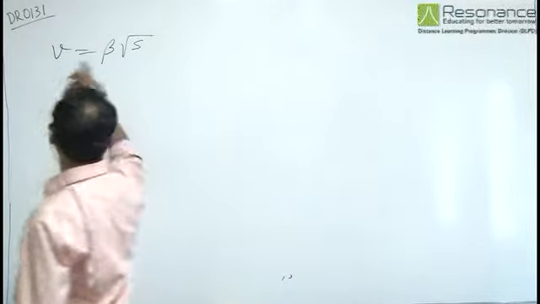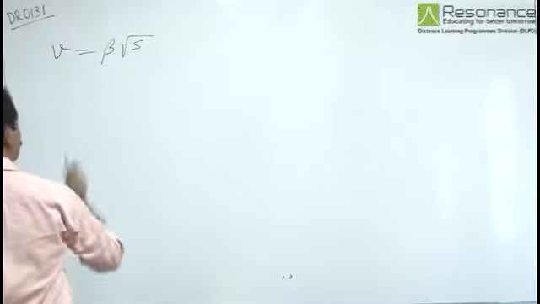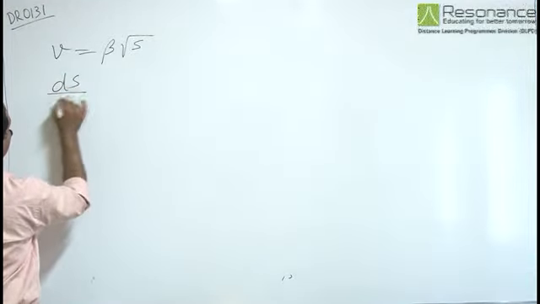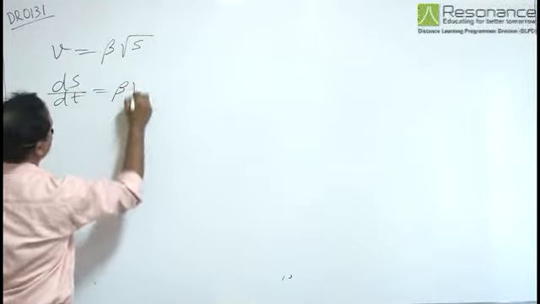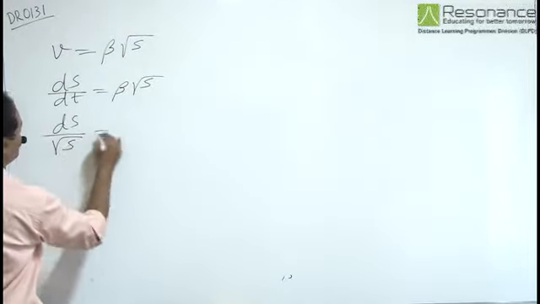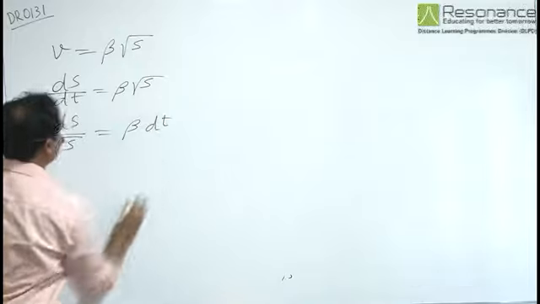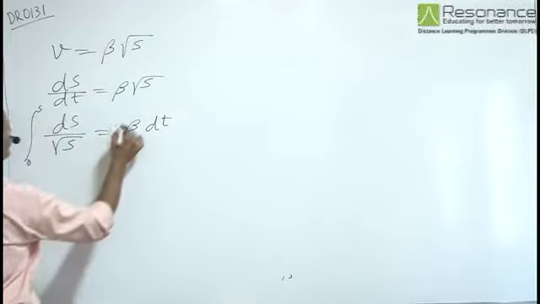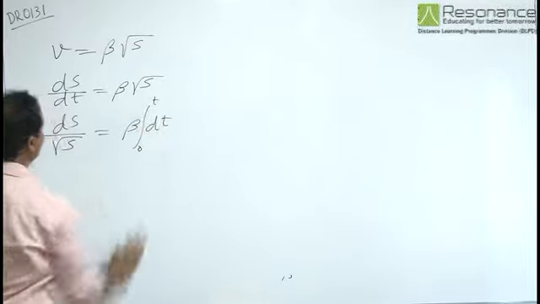So velocity as a function of distance traveled is given. v is nothing but ds by dt, that is equal to beta root s, or ds by root s is equal to beta dt. So starting from 0 to s, it takes a time 0 to t.